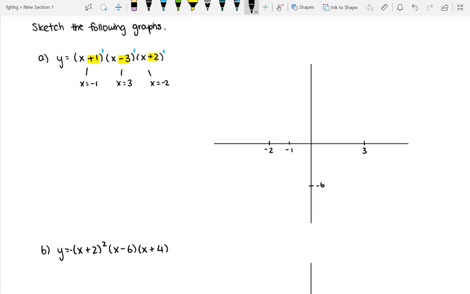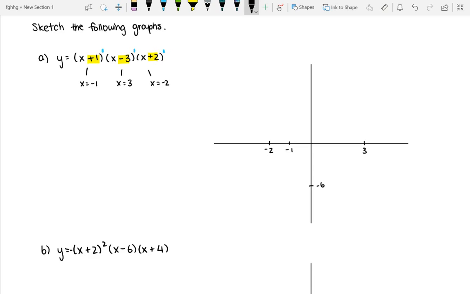So, like I said, now let's relate back to drawing this graph. This is a cubic function, right? If I was to expand it, you would get a cubic function. And the leading coefficient of this particular cubic function would be positive, because if you tried to expand it, you would end up getting x cubed.